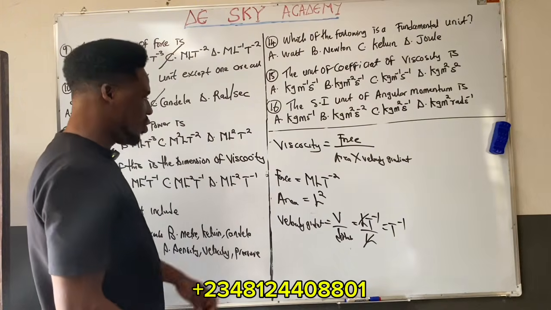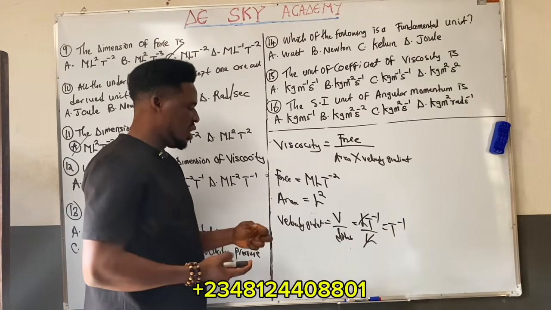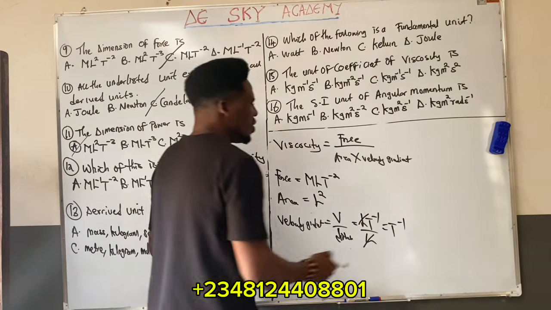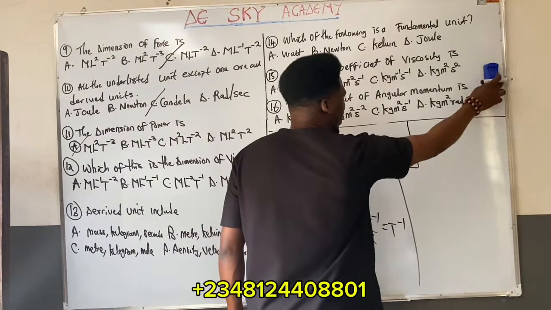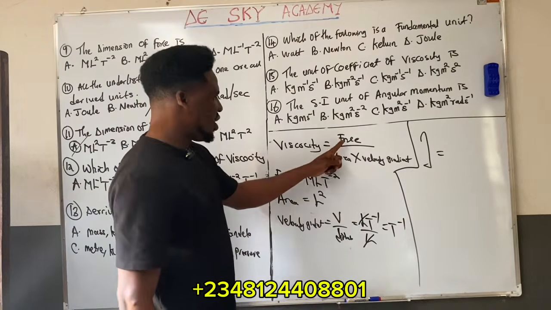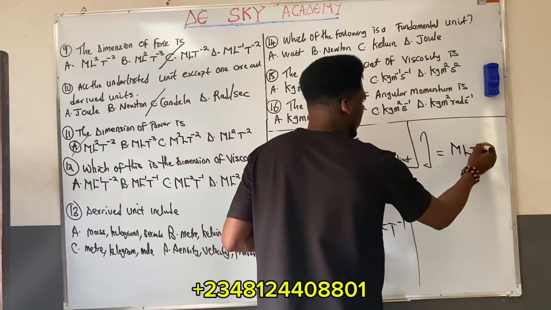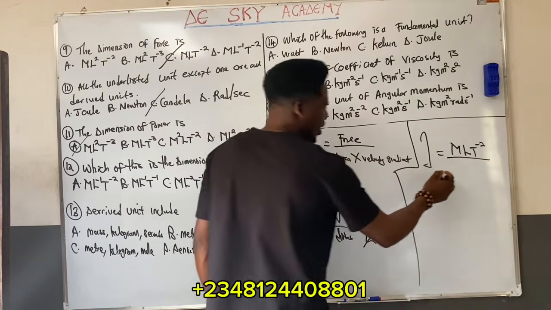Now that I've known the dimension of force, the dimension of area, and the dimension of velocity gradient, I will now put it in viscosity. So how do you sum it up now? I will now have that the dimension for viscosity will be, what is the dimension of force? MLT⁻² all over, what's the dimension for area?